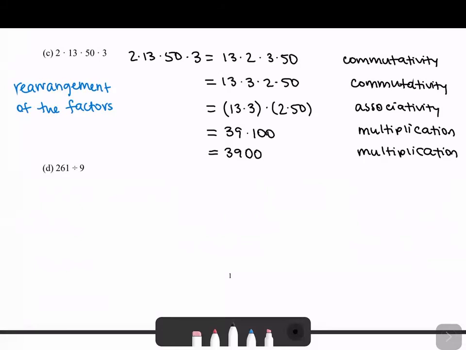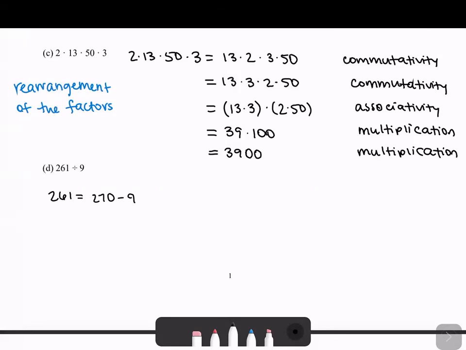Thinking about it, we can think of 261 as 270 minus 9. We think about it this way because 270 is divisible by 9 and 9 is divisible by 9.